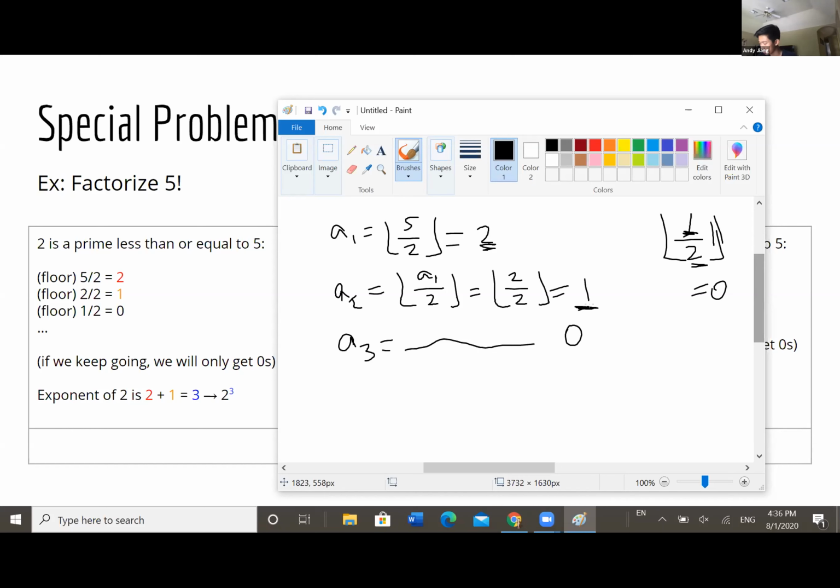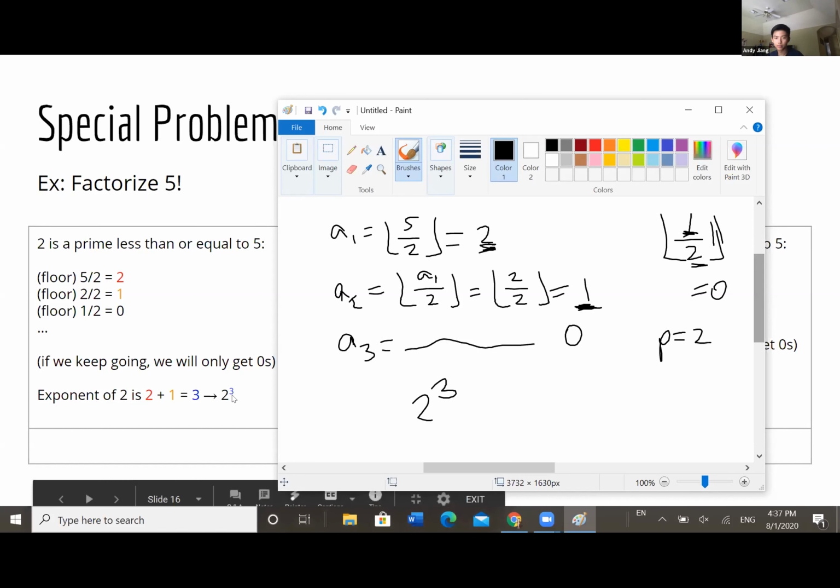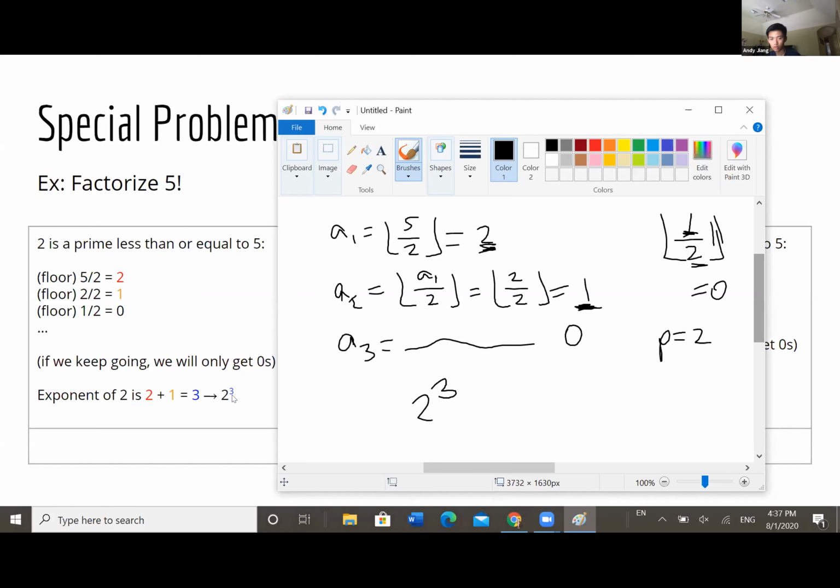In this case, the prime is 2, so once I reach 1, I can just stop there. Here I have 2 and 1. I add those up, I get 3. So the exponent of 2 in the factorization of 5 factorial would be 2 cubed. We just have to remember that 2 cubed is here.